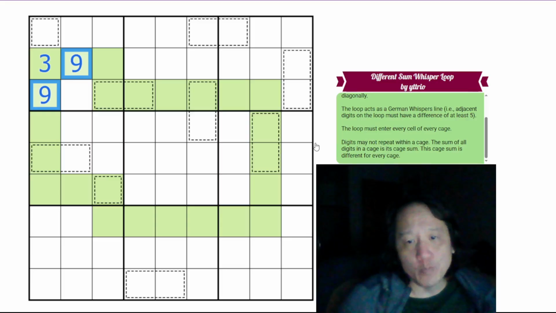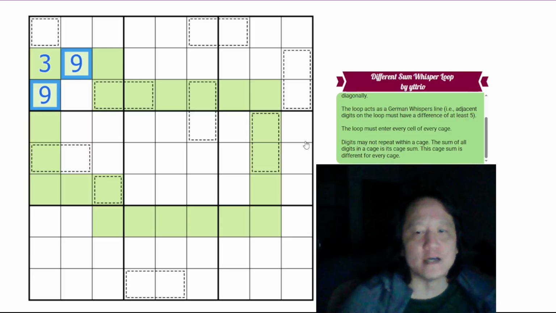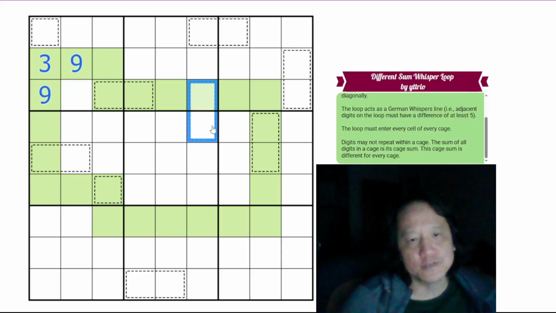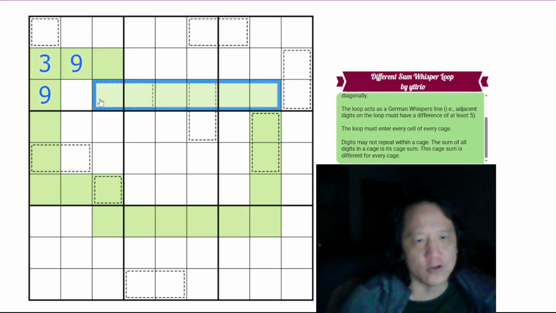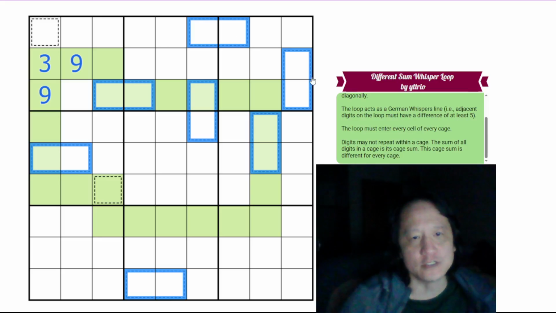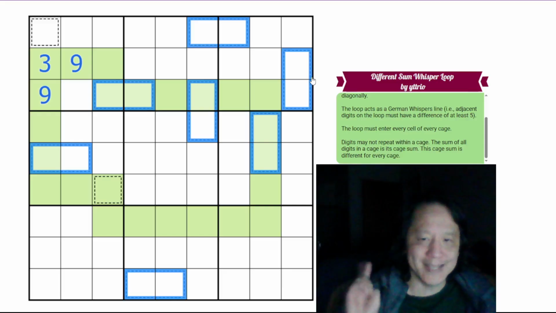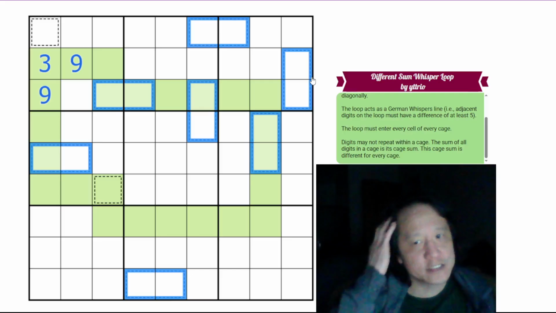The loop must enter every cell of every cage. So, for example, this is not a valid loop that I have here because not every cell in the cages is on the loop. Digits may not repeat within a cage, and the sum of all digits in a cage is its cage sum.